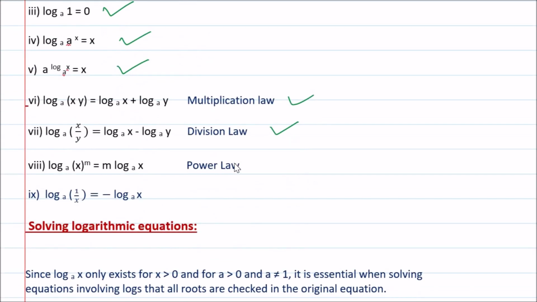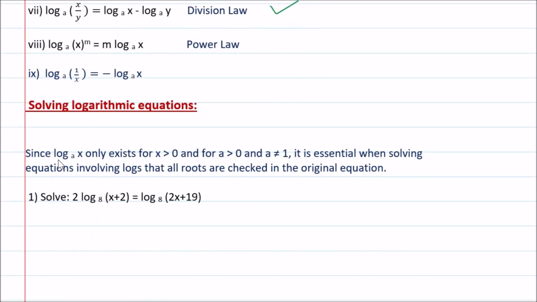Okay, now we have gone through the rules. We'll see how to apply these rules when solving logarithmic equations. Now this is also a very important point. Log x base a only exists for x greater than 0. What does it mean? Log x is defined only for x greater than 0.